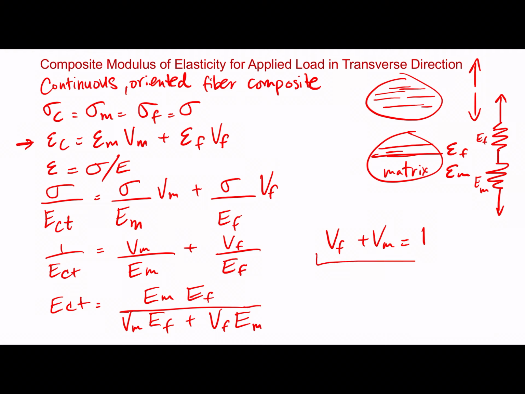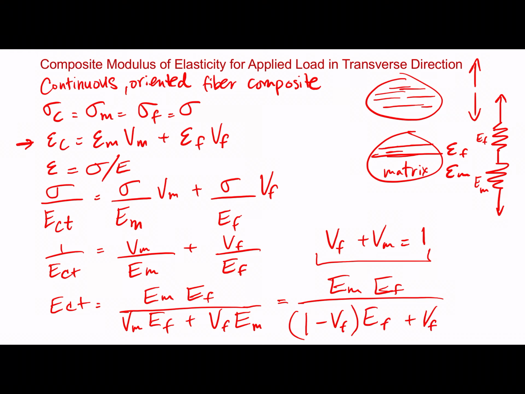And since we know this relationship, we can now rewrite it as the volume fraction of the matrix is just 1 minus the volume fraction of the fiber times EF plus volume fraction of fiber times the modulus of elasticity of the matrix.